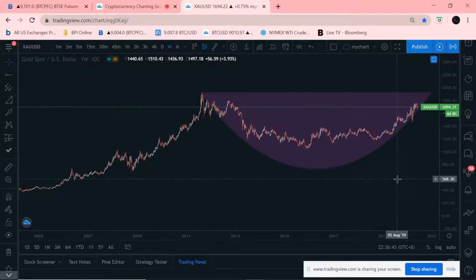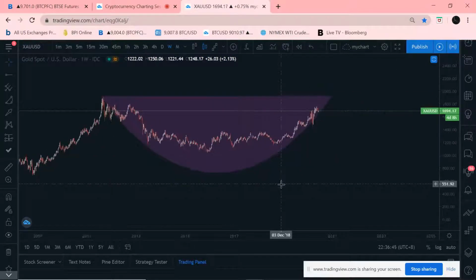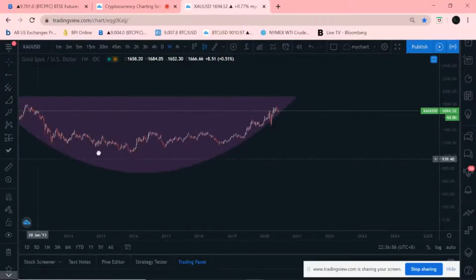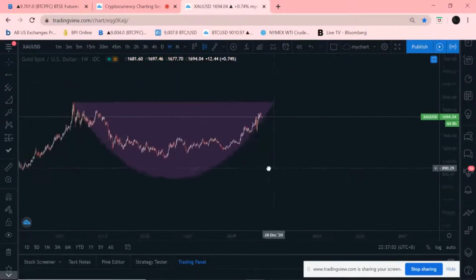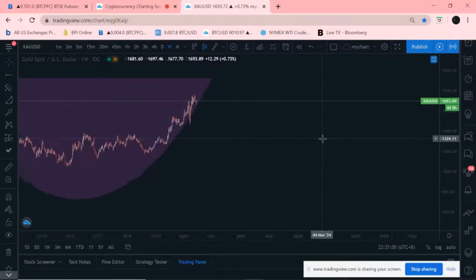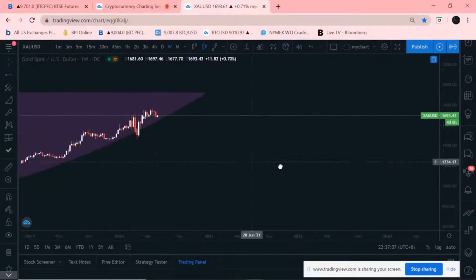So let's go to the weekly chart. As you can see, it is just a few dollars away from retesting the all-time high, which is actually around 1920.94. So yeah, I think on gold I'm also long.